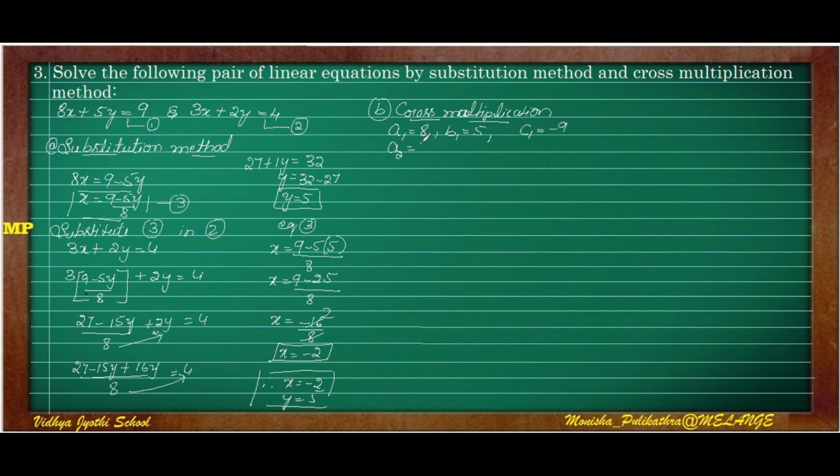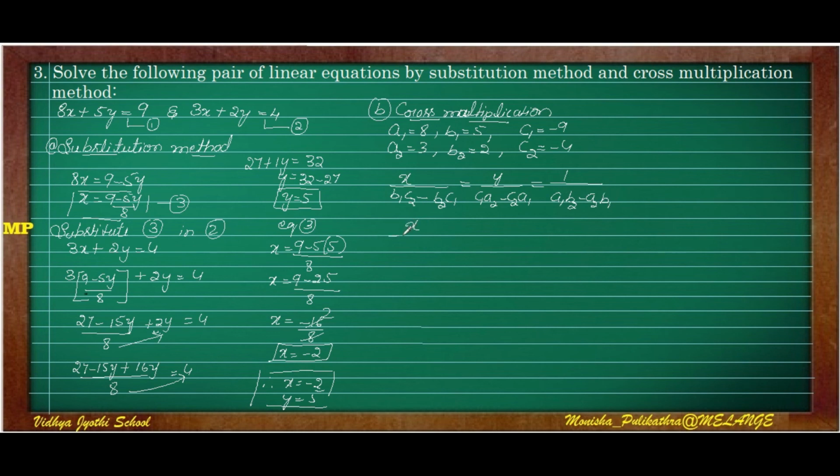Here a2 is 3 and b2 is 2. Here also for c2 I need to shift 4 to this side, so it becomes minus 4. Then by cross multiplication the formula is x divided by (b1 c2 minus b2 c1) is equal to y divided by (c1 a2 minus c2 a1) is equal to 1 divided by (a1 b2 minus a2 b1).